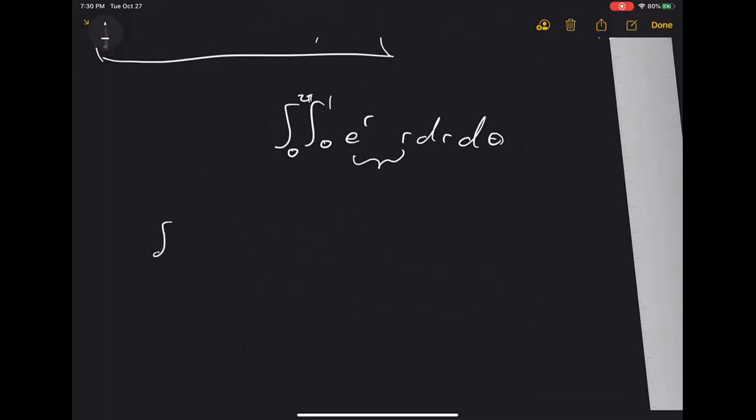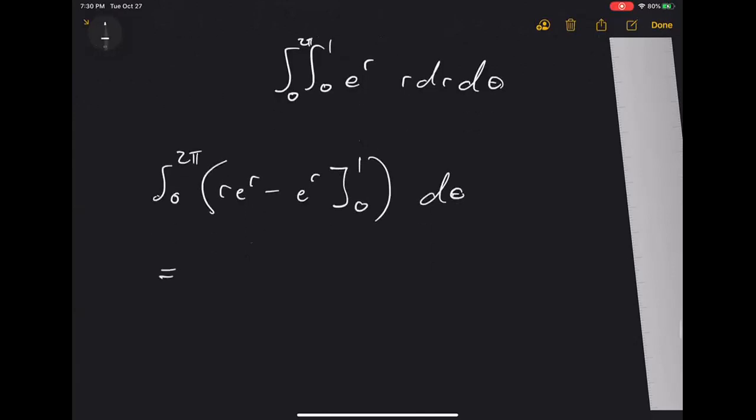Integration by parts would give me r e to the r minus the integral of e to the r, evaluated from 1 to 0, d theta.